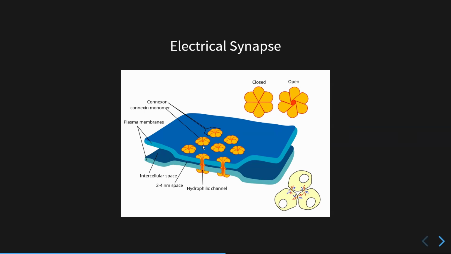They're made of 6 connexins, and basically because of the structure they have, they can be closed or open. So if they're closed, the neurons are not talking to each other, so nothing happens. But if they are open, there is an electrical signal between the neurons. And the electrical signal, I mean electrical synapse, which just means that charged particles can flow around here. And so if one neuron has a buildup of charge, that'll also transfer to this neuron and to this neuron. And so all 3 of them will build up charge roughly at the same time. That's what an electrical synapse is.